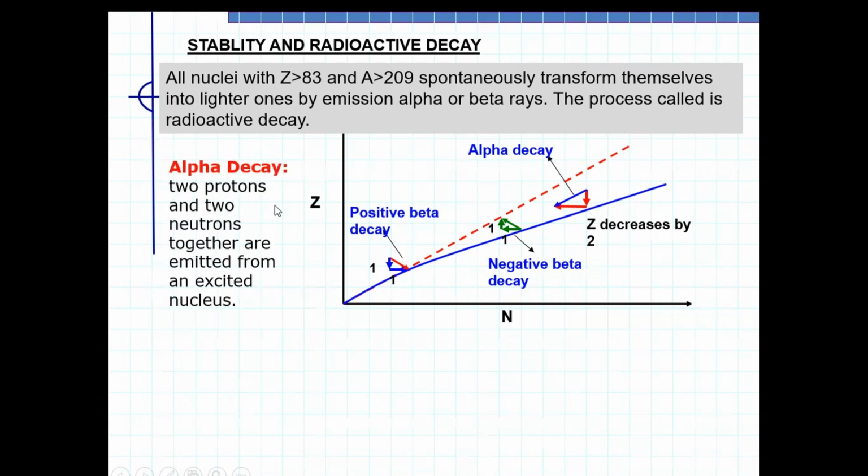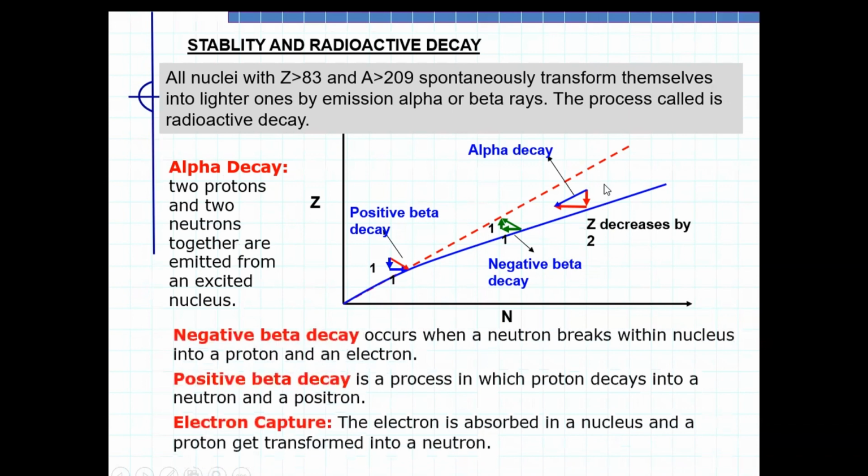The alpha, two protons and two neutrons together, are emitted from the nucleus. So Z is decreased by 2. And similarly, the neutron number is decreased by 2 also when alpha decay is occurring. So in total, a decrease of 4 is taking place, and it is coming from here to here.